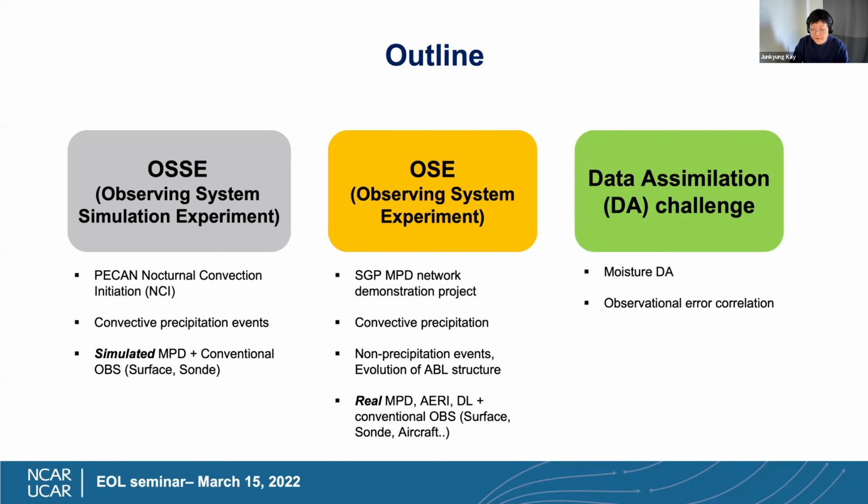On the other hand, if we have a real observation data set, then we can directly assimilate it and evaluate the observation impact. We call this experiment the OSE, and the main difference between the OSSE and the OSE is that we assimilate either simulated observations or real observations.